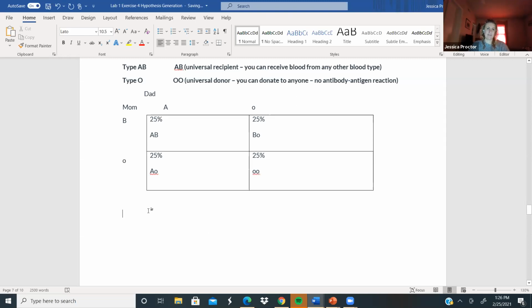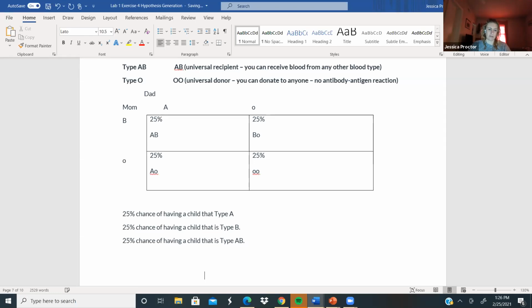So essentially every single time an AO and a BO parent have a child, they have a 25% chance of having a child that is type A. They have a 25% chance of having a child that is type B, 25% chance of having a child that is type AB.